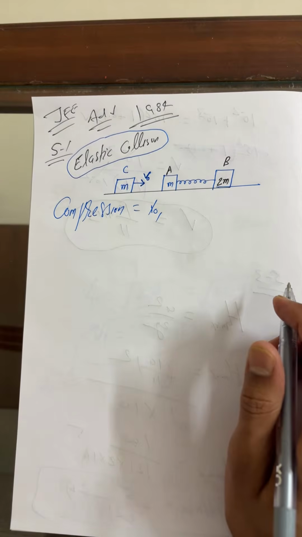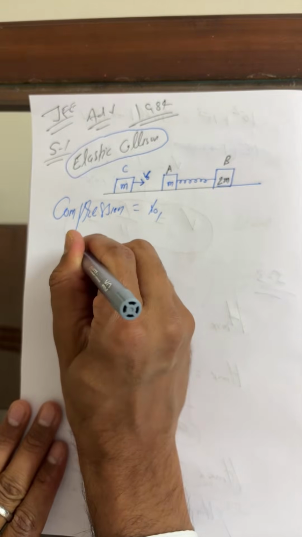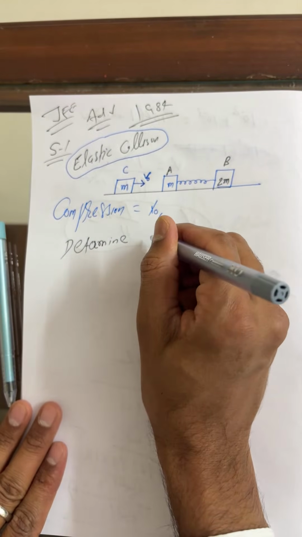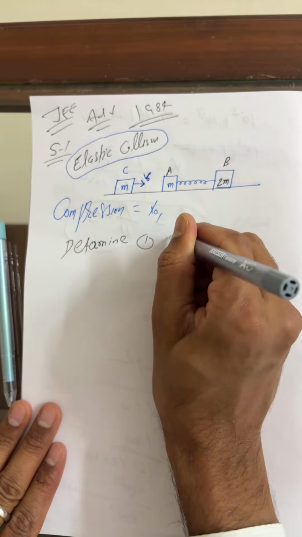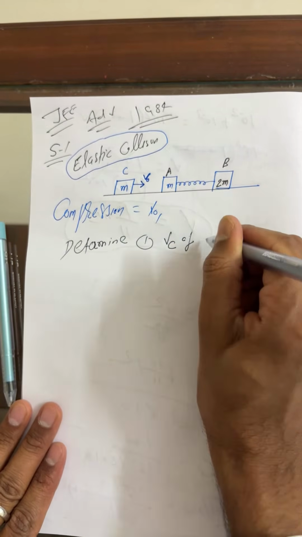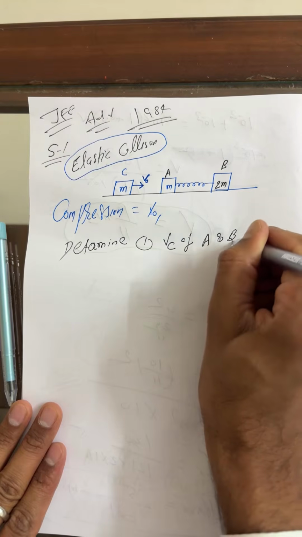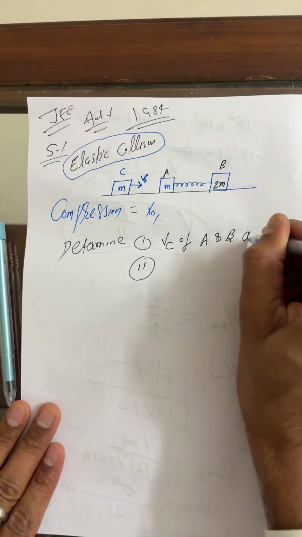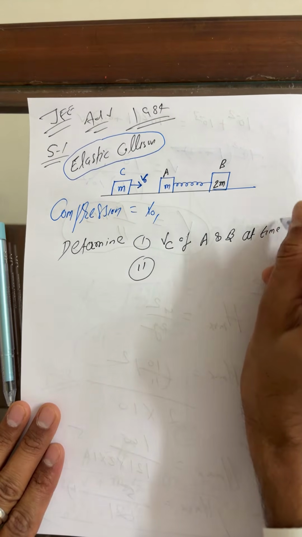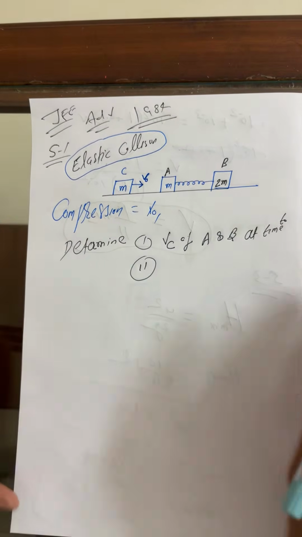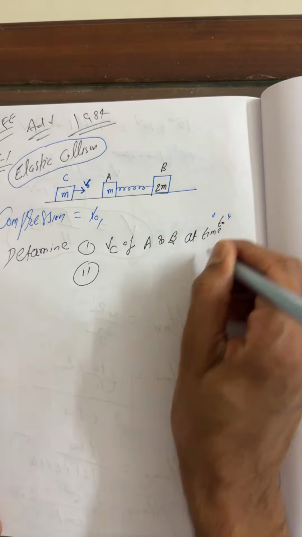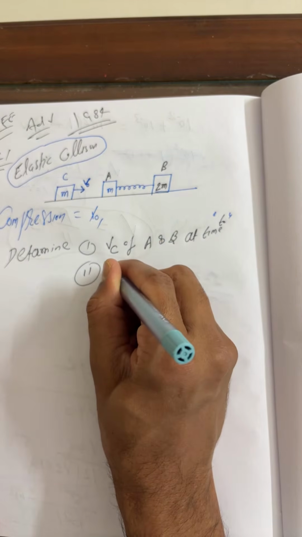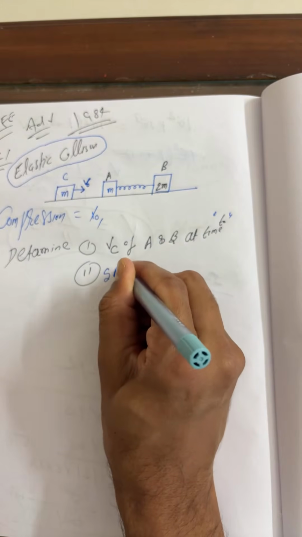We have to find here: determine the common velocity of block A and block B at time t naught. Next, in point 2, you need to find the spring constant.